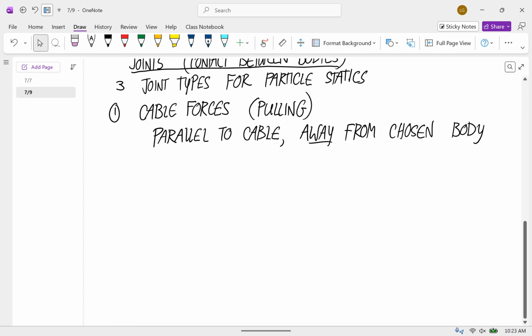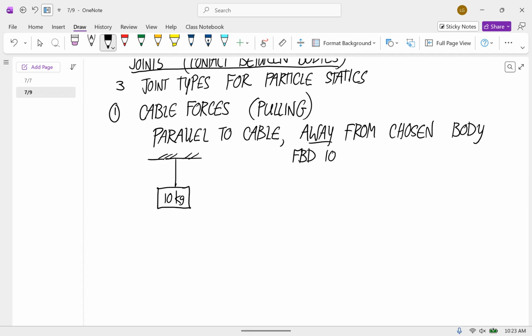Okay, so for example, if you have a 10 kilogram mass attached to the ceiling by a cable like that, then a free body diagram of the 10 kilogram mass looks like this. There's a weight force acting down. 10 times 9.81 is 98.1 newtons.